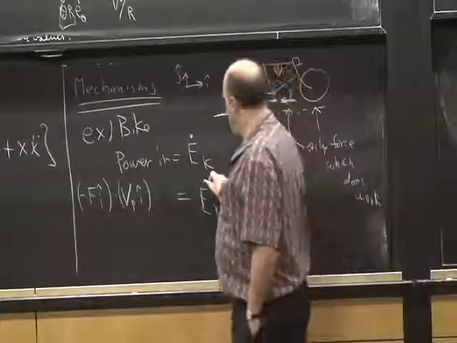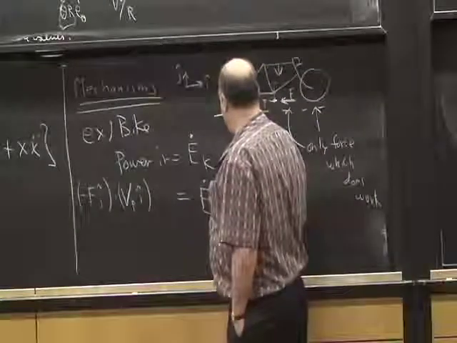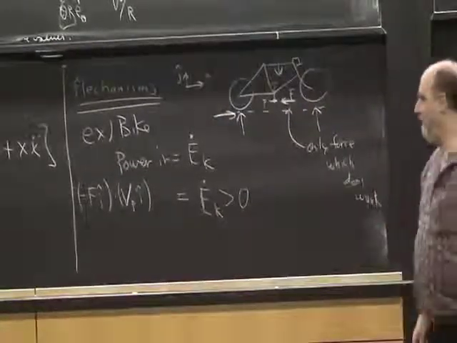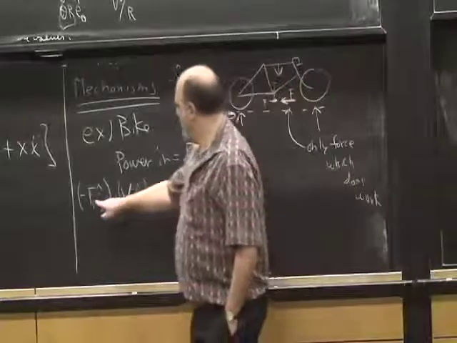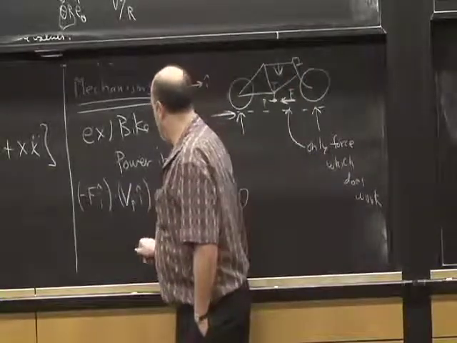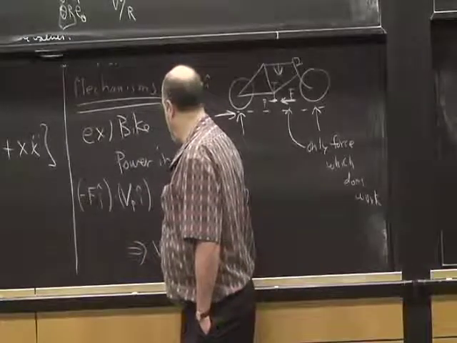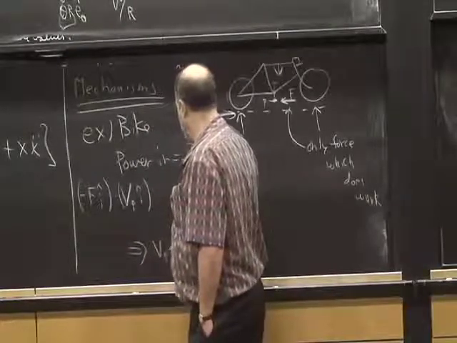Now if we start this from rest, Ek dot has to be bigger than 0. What does that mean for these things here? That means that if F is positive, then Vp has to be less than 0.